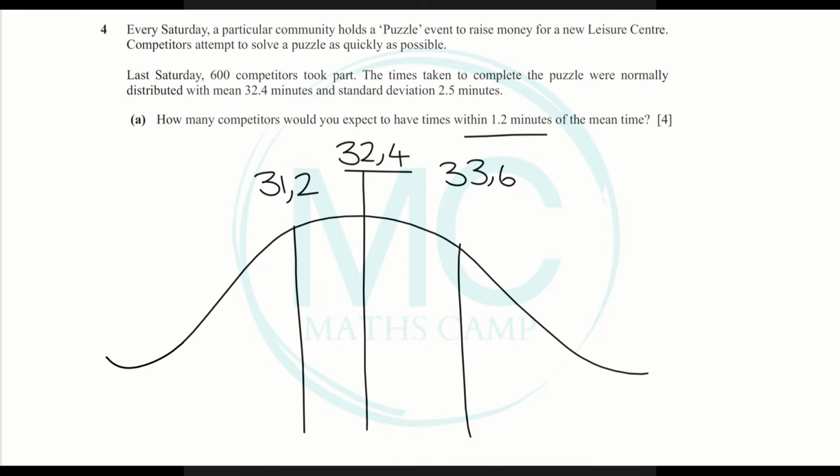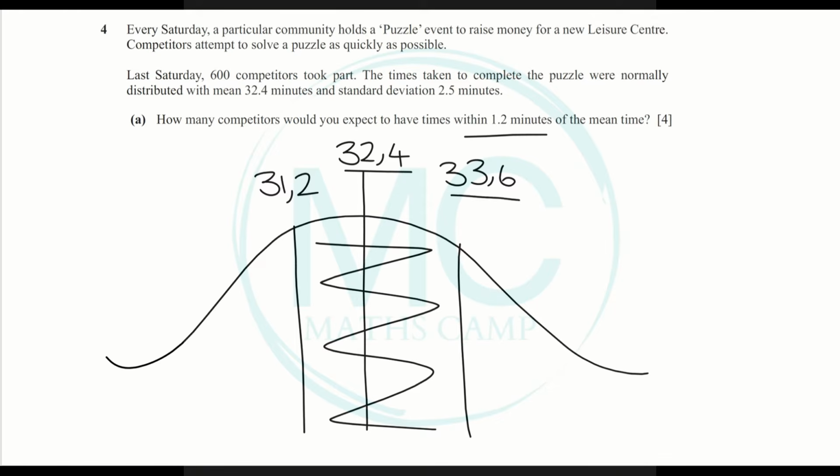We are looking at competitors who lie between these two values over here. And you can find the probability that x is smaller than 33,6 and then subtract the probability that x is smaller than 31,2. And that will give you the section in here.